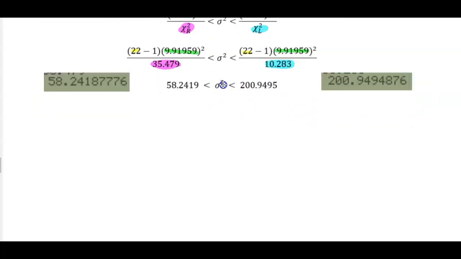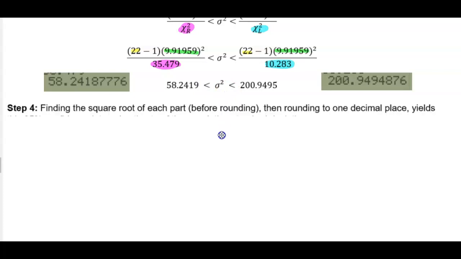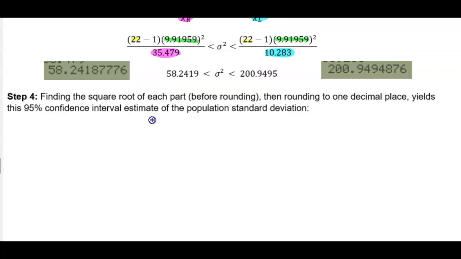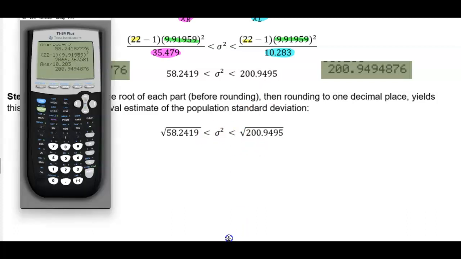Now, this is the variance. This is the population variance confidence interval. To find the population standard deviation, we need to find the square root of each part before rounding, and then rounding to 1 decimal place, which would yield this 95% confidence interval estimate of the population standard deviation. So we need to take the square root of those numbers.